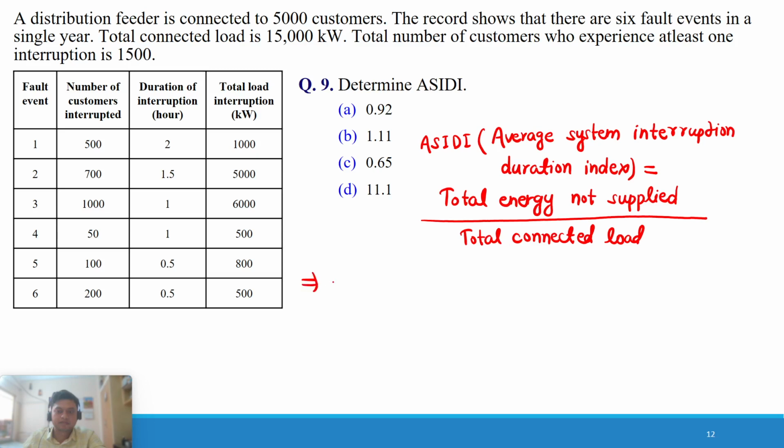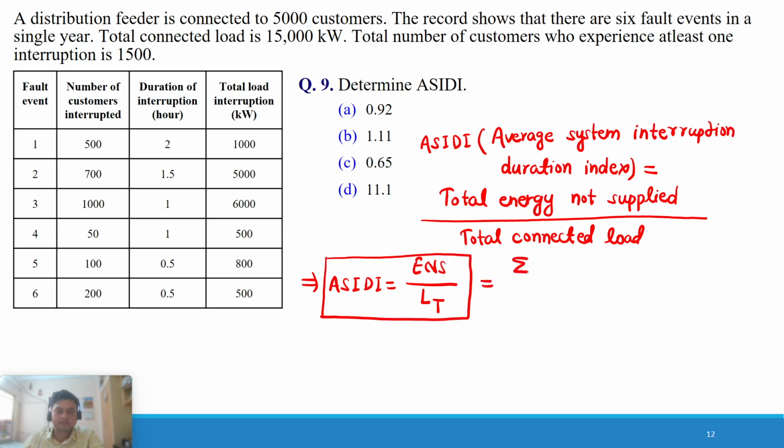So ASIDI is total energy not supplied, we say it as ENS, divided by total connected load, we just name it as LT. ENS we can say is the summation of L average, Ri is the interruption duration, divided by LT, total connected load.